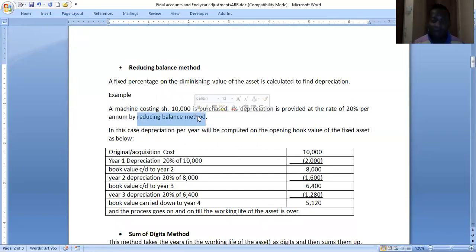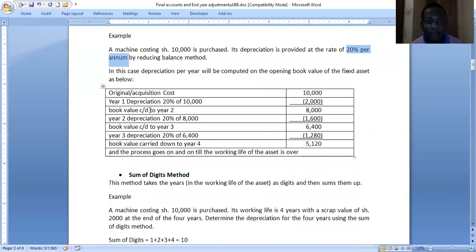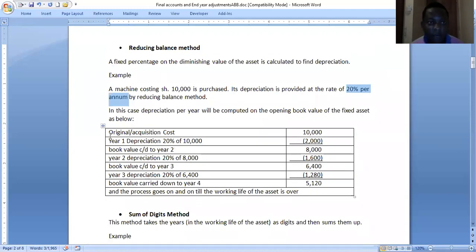So under this method, we charge a constant percentage, and that is 20% per annum on the value of the asset. So our solution here to determine the depreciation for each year is we take 20% on the value of the asset for each year.